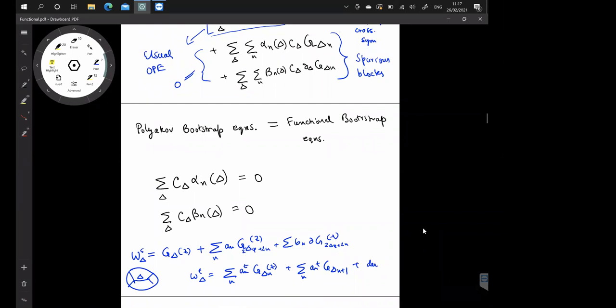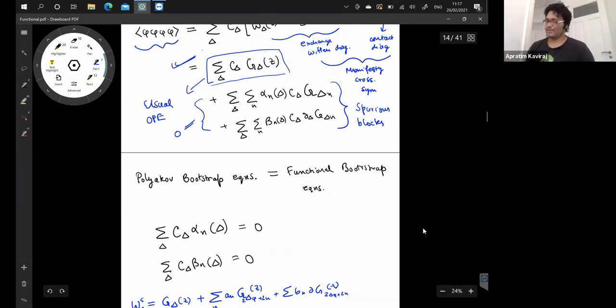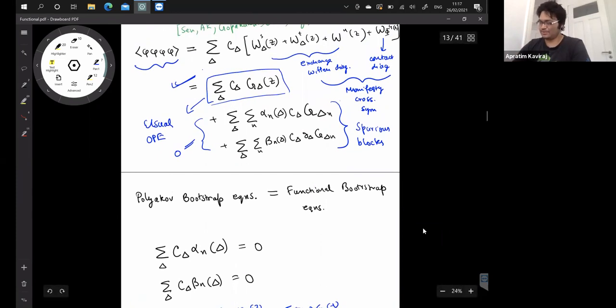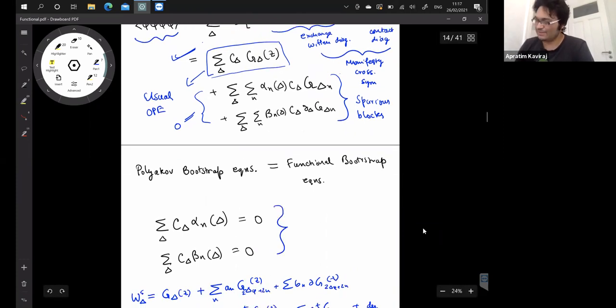Okay. So that was the Polyakov Bootstrap. And the connection between the Polyakov Bootstrap and the functional Bootstrap equations, if I haven't made it clear already, the functional Bootstrap equation is a sum over alpha. Well, it's basically this. So I already have it here. They're both given by the same thing.